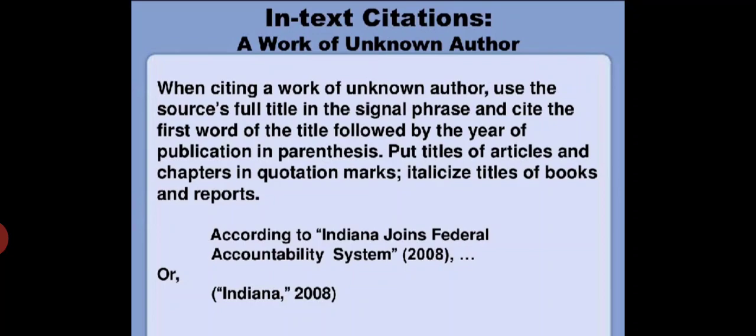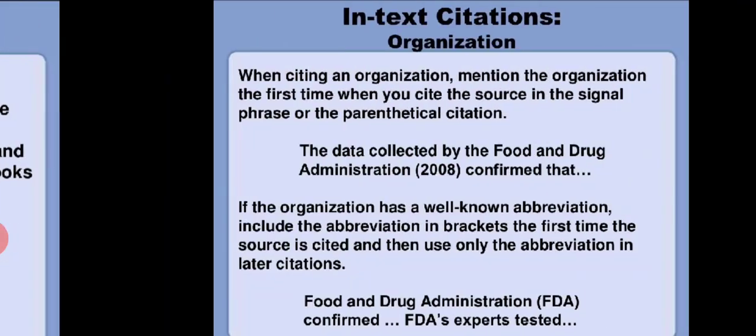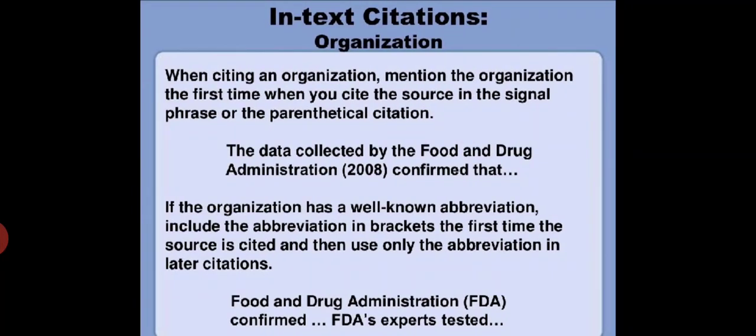Put titles of articles and chapters in quotation marks, and italicize titles of books and reports. For example, according to Indiana Federal Accountability System, 2008, or Indiana, 2008. You would write the name of the book, the full name, if the author is not known.